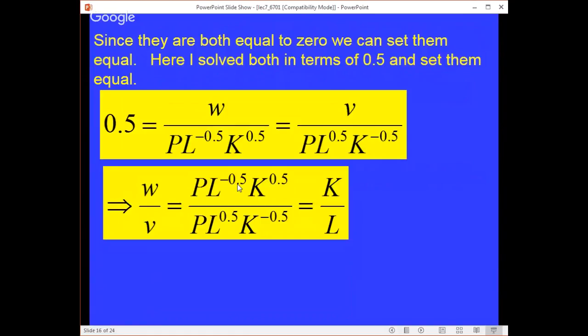I get what I got a while ago when I did it with the Lagrangian. So W over V is equal to K over L, right? Which means our profit maximizing level of K and L are going to be equal to our cost minimizing level of K and L.